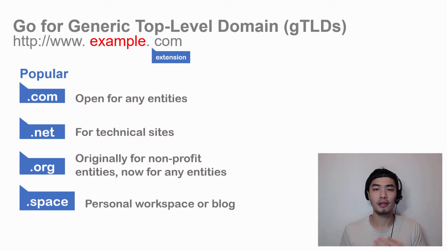It's basically like a blogging website. When people try to build a blog, they usually use .space. It's good to have them, but one of the biggest disadvantages is that it is pretty expensive. That probably costs you $10 to $12 per year.